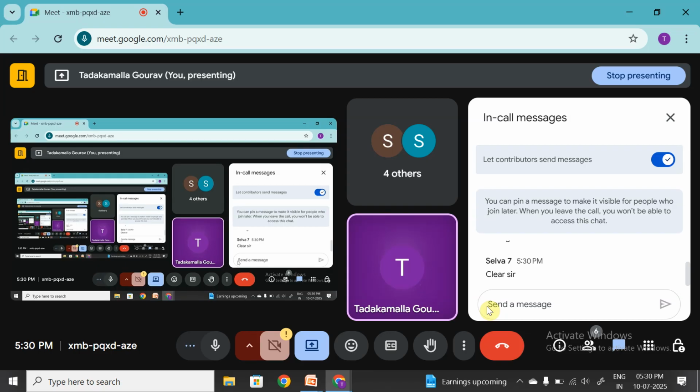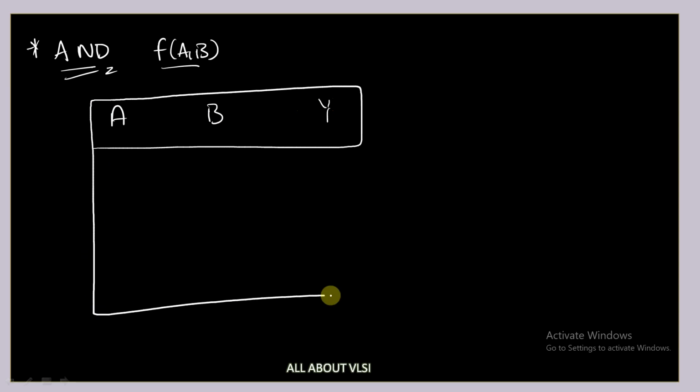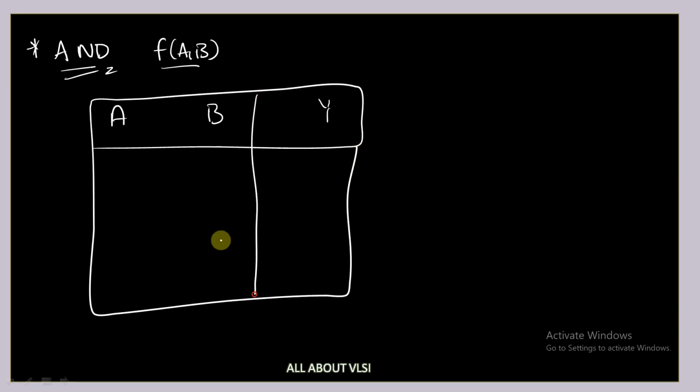Now, using this concept, let us conclude one important point here. Let's say we have an AND gate or AND operation that we want to perform between two variables. We have a function of a, b, that is, two variables a, b, and output y.